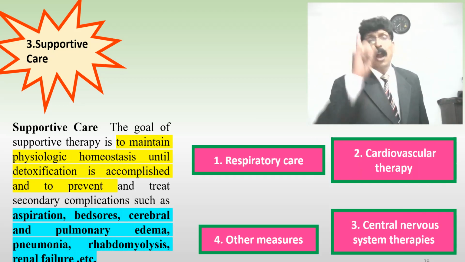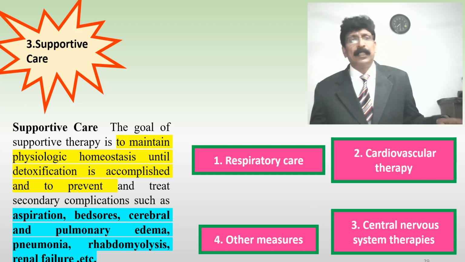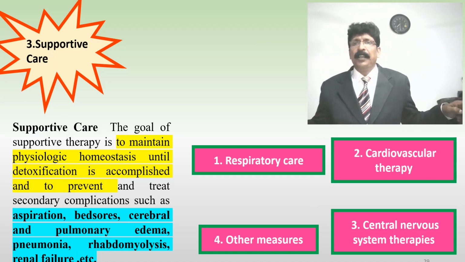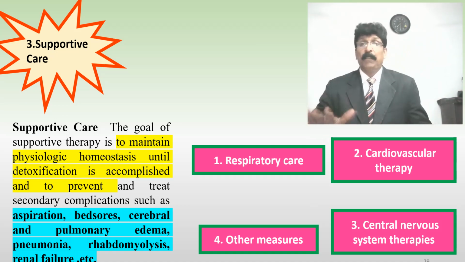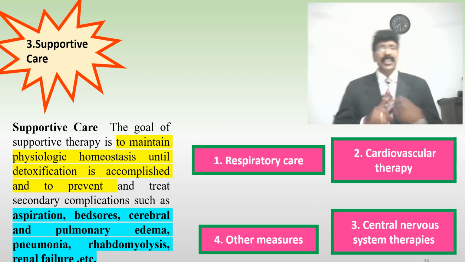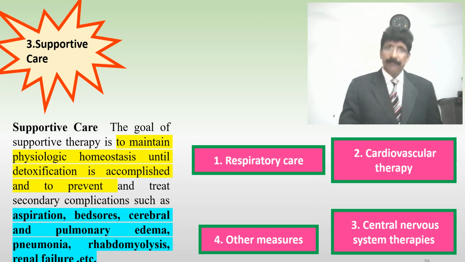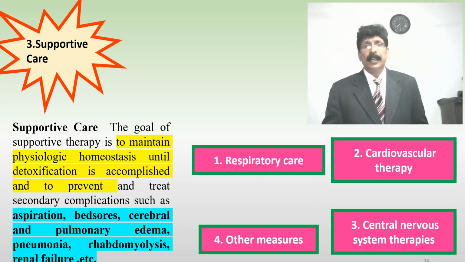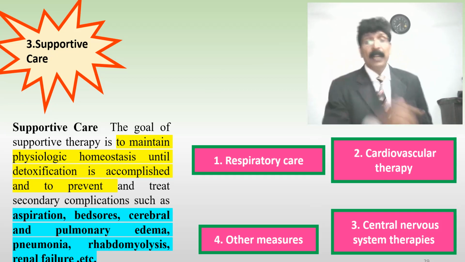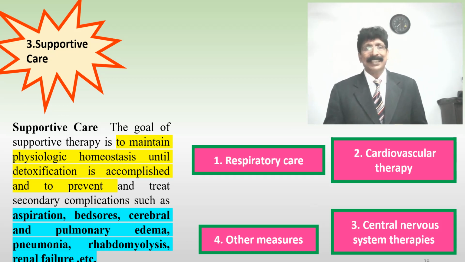The goal of supportive therapy is to maintain physiologic balance until detoxification is accomplished, and to prevent and treat secondary complications such as aspiration, bed sores, cerebral and pulmonary edema, pneumonia, rhabdomyolysis, renal failure, etc.